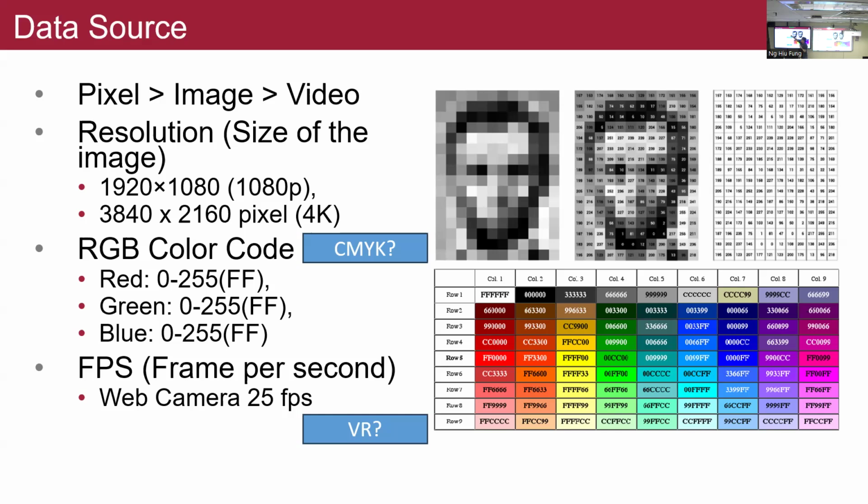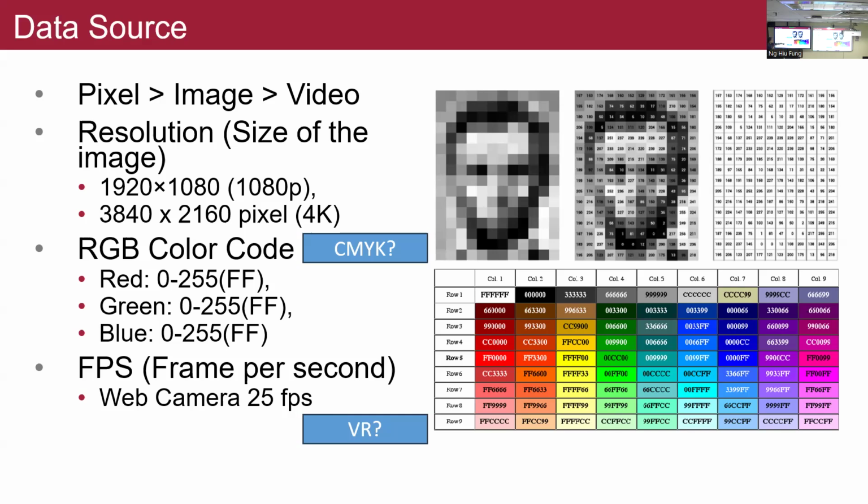Okay, so you have the pixel, you have the color code, and FPS is frames per second. Frames per second means that, starting from an image, we call it a discrete image, small elements. If you turn it into video, it's the same: image, image, and image displayed at a very high frequency, high speed.